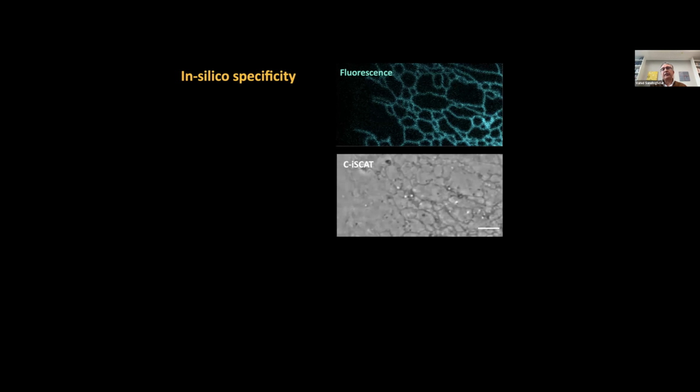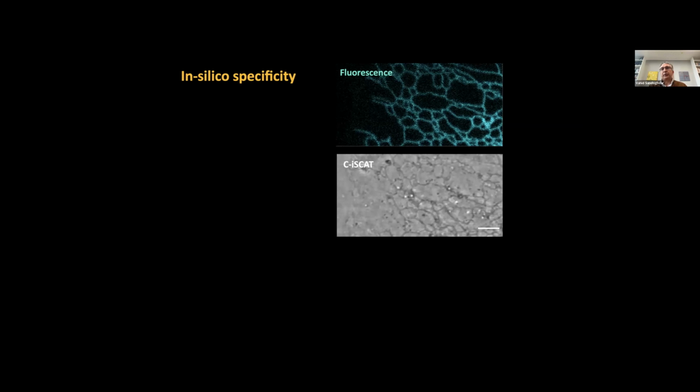So here is an example of a fluorescence image of the ER. And here's an example of the iSCAT image of the same ER. The iSCAT data that I'm showing you were all recorded on a confocal microscope, a standard fluorescence confocal microscope.